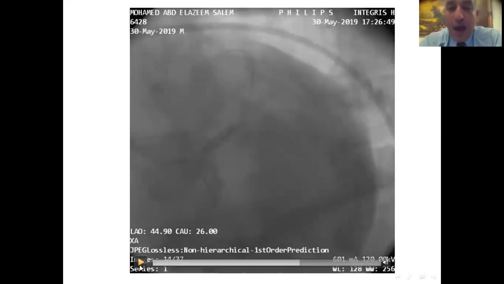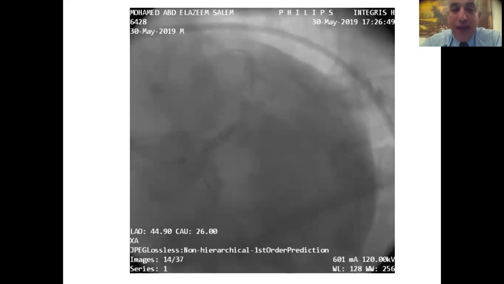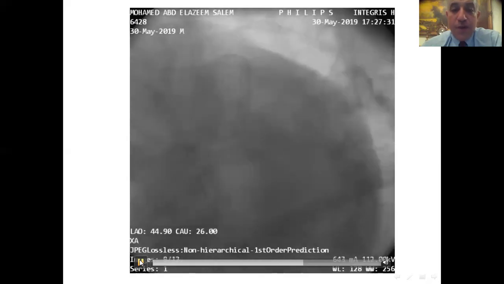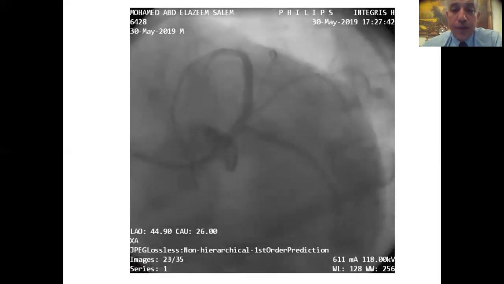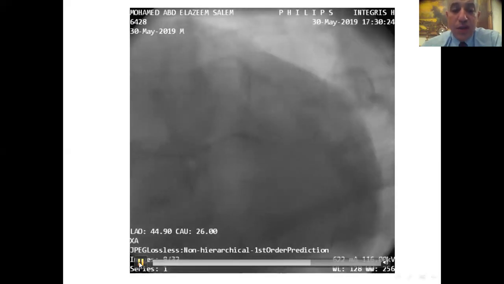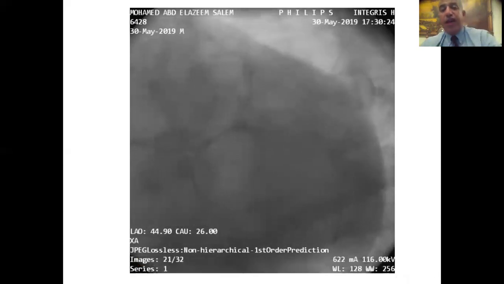And as Professor Ammar mentioned in his case, we have to be careful that the first POT should be above the carina of the bifurcation. So now in the step of the first POT, and this is the result after the first POT. The coming step is the recrossing and then doing the second kiss.